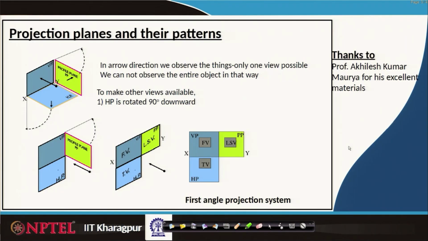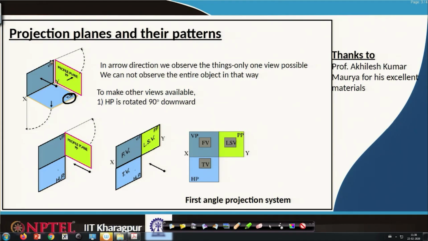In the last class, we learned about projection planes and their pattern. For example, we define a plane as the horizontal plane, which is lying parallel to the table.